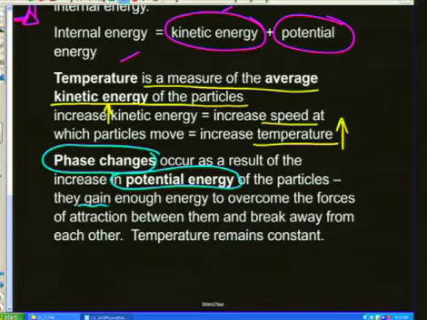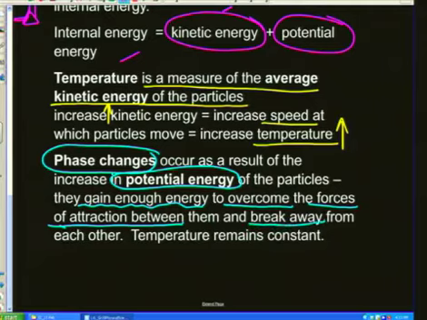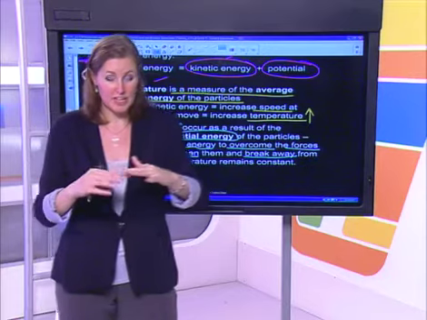They gain enough energy to overcome the forces of attraction between them and break away from each other. So the temperature is going to stay the same. Temperature remains constant during a phase change.